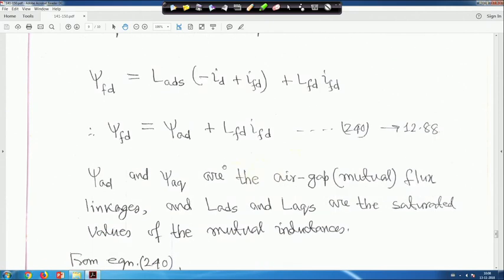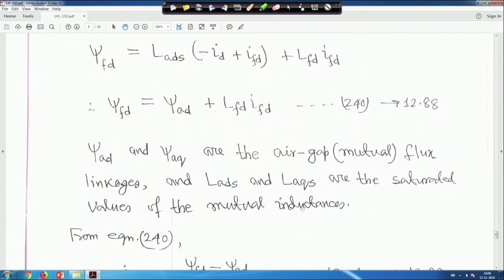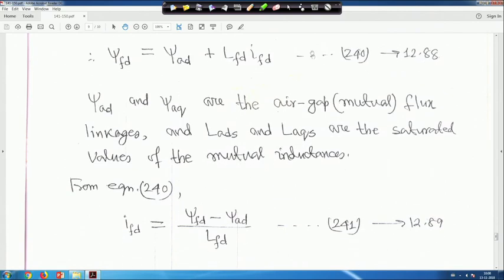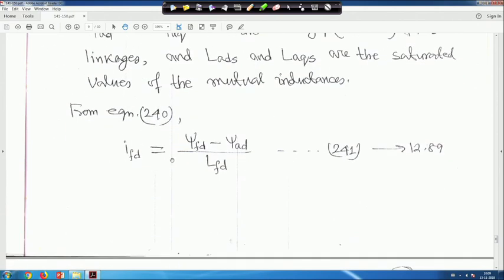Now psi AD and psi AQ are the air gap, that is mutual flux linkages, and LADS and LAQS are the saturated values of the mutual inductances. From this previous equation, we can write IFD is equal to psi FD minus psi AD upon LFD. This is equation 241.